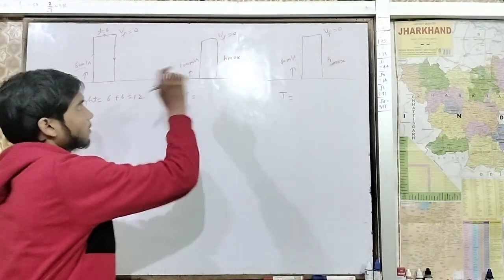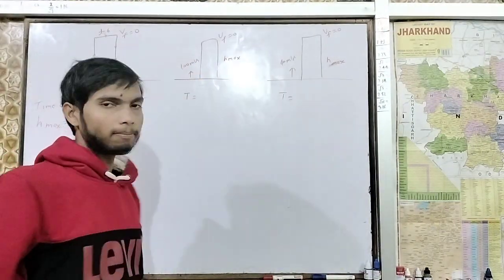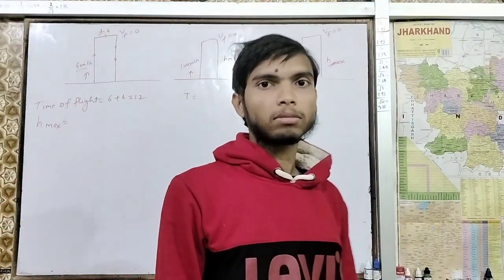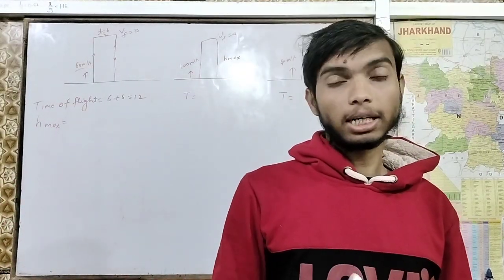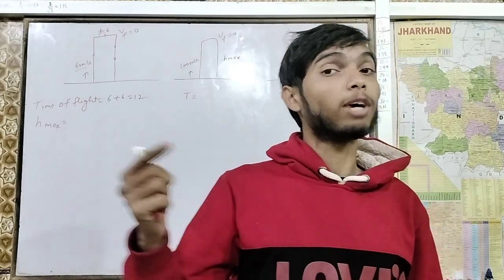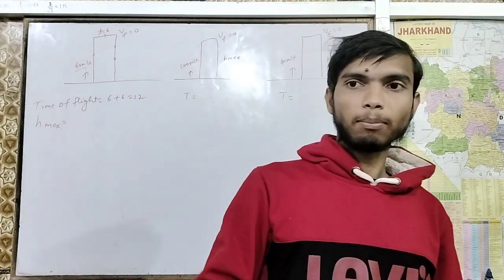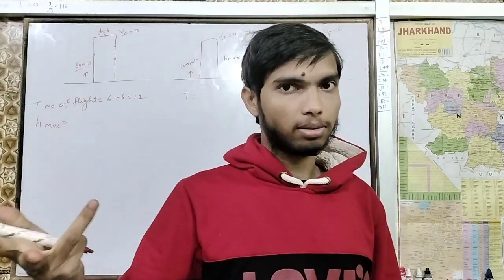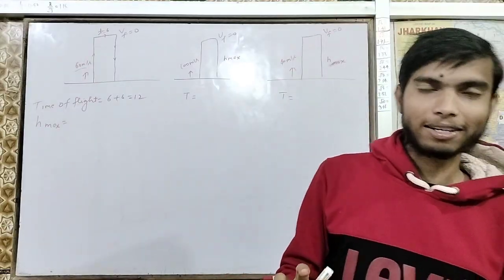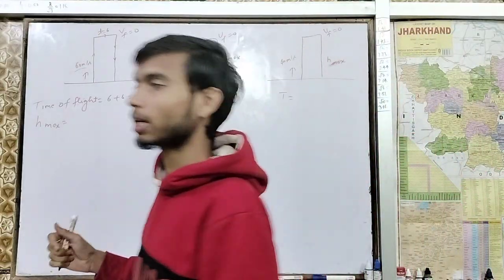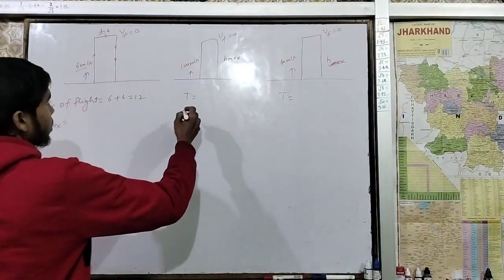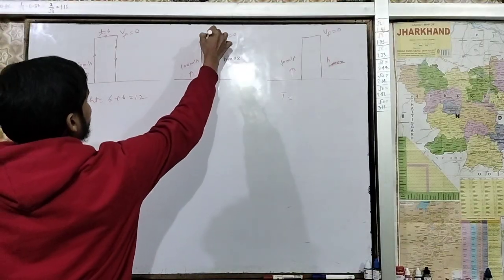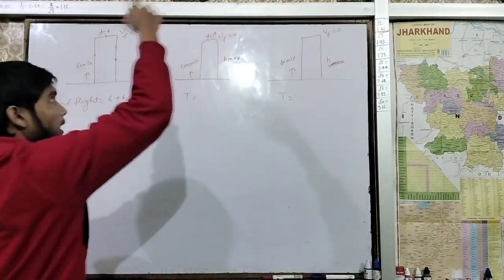The same will happen with this 100. It will take 10 seconds for velocity to become 0. 10 multiplied by acceleration 10 is 100. 100 minus 100 is 0. So t is coming at 10 seconds, where velocity becomes 0.